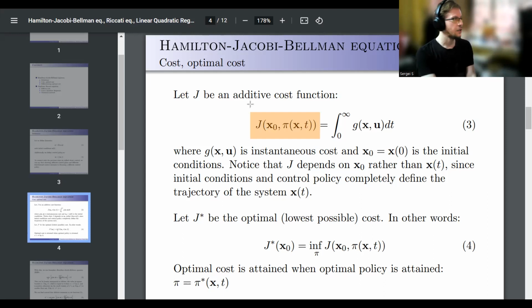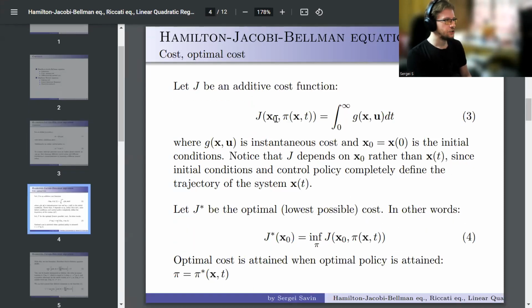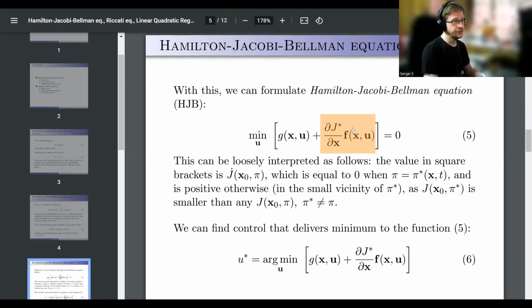So it would be dJ/dx times dx/dt, but dx/dt is of course f of x. So the first component is dJ/dx times f of x. This is how we get this component.